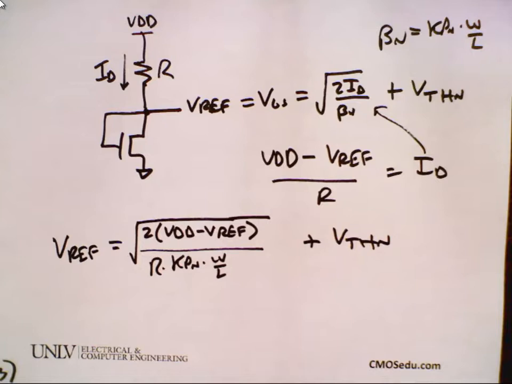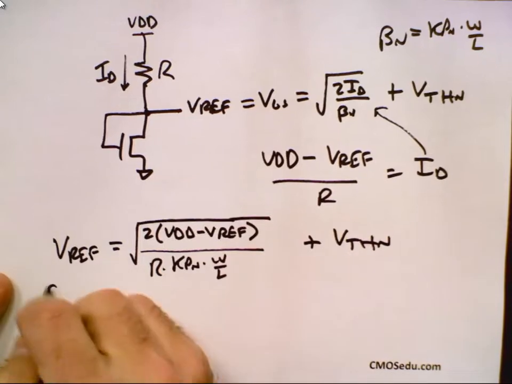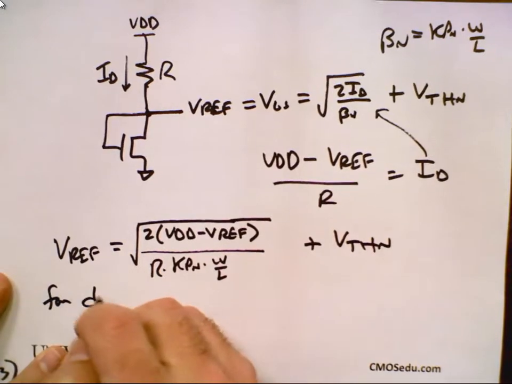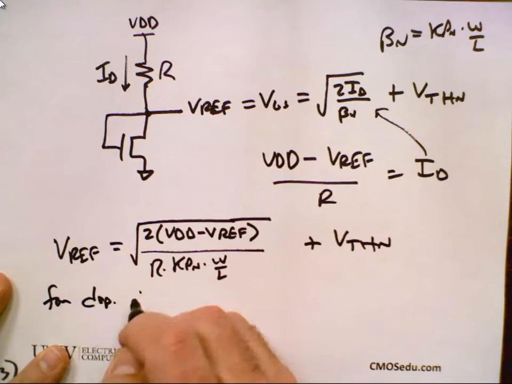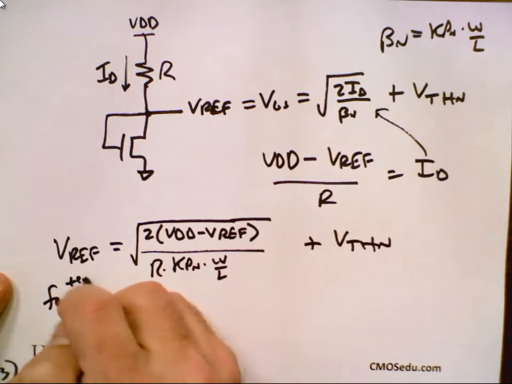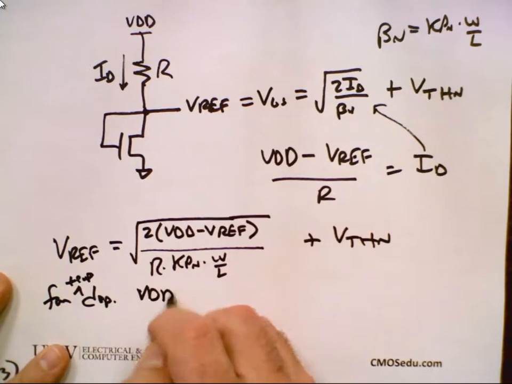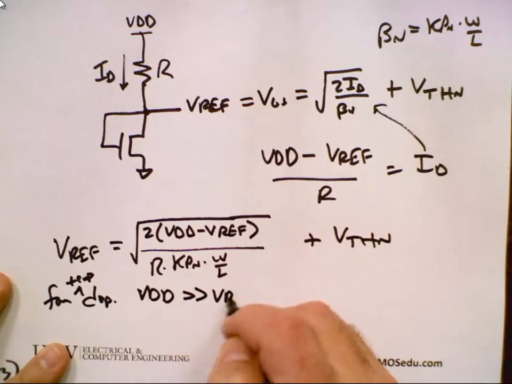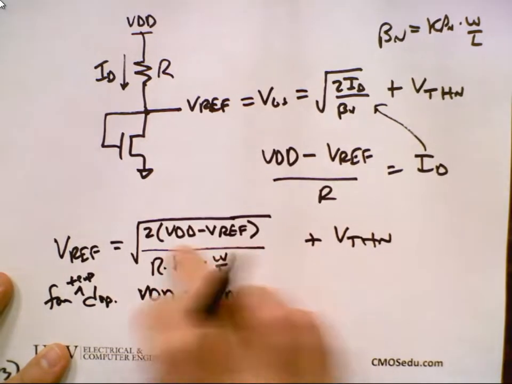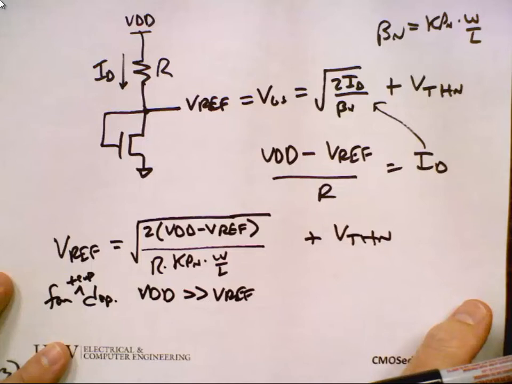All right, so what I'm going to assume to make this practical is that for the temperature dependence, VDD is much, much greater than Vref. So this term here is a constant. Does everybody follow that assumption?